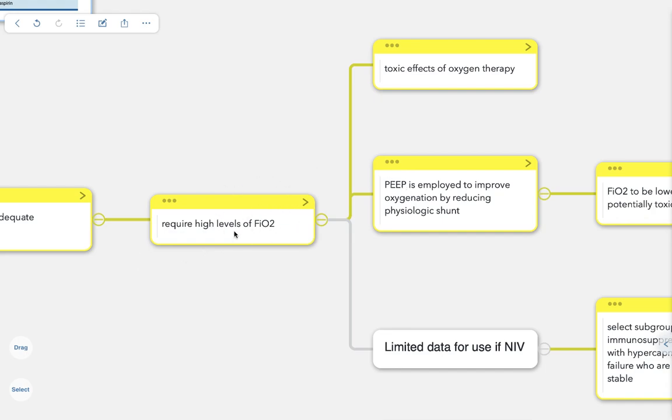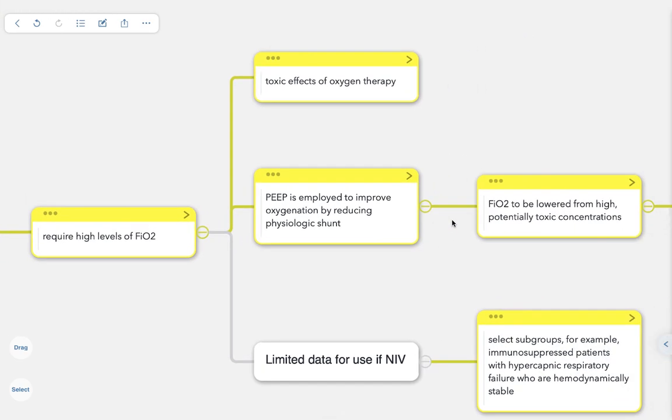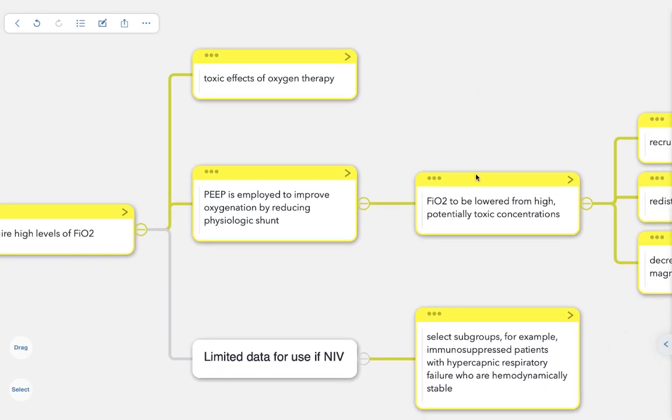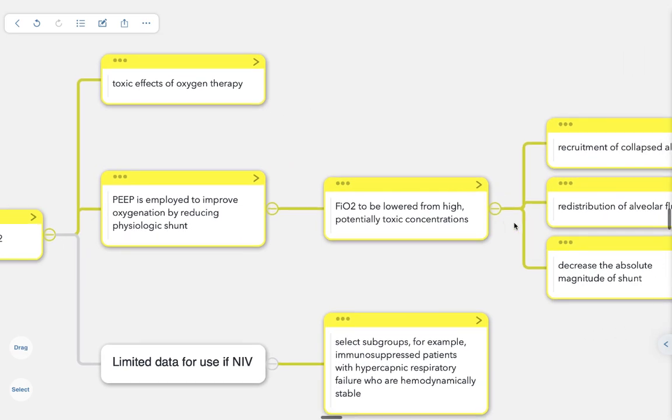So when we know that high FiO2 can cause various injuries, as in the case of oxygen therapy, PEEP is used which would reduce the need of the high FiO2. So PEEP is employed to improve oxygenation by reducing the physiological shunt. The FiO2 eventually is allowed to be lowered from high potentially toxic concentrations.